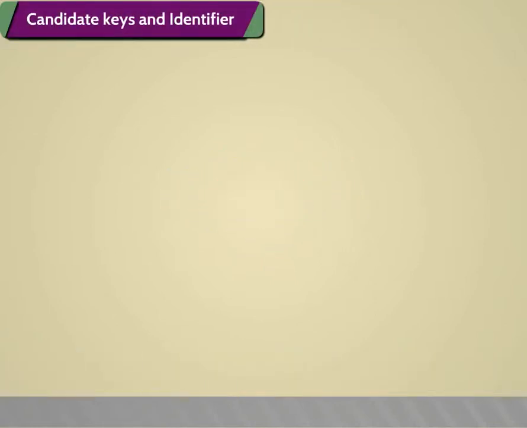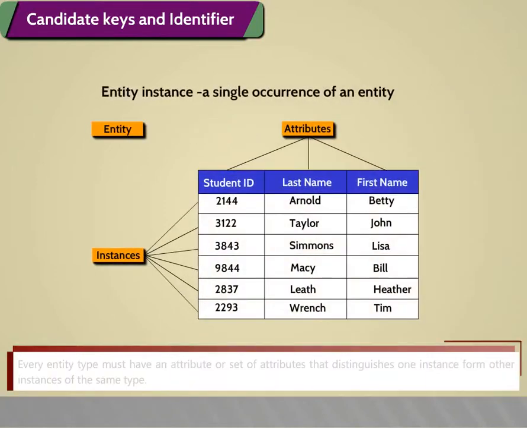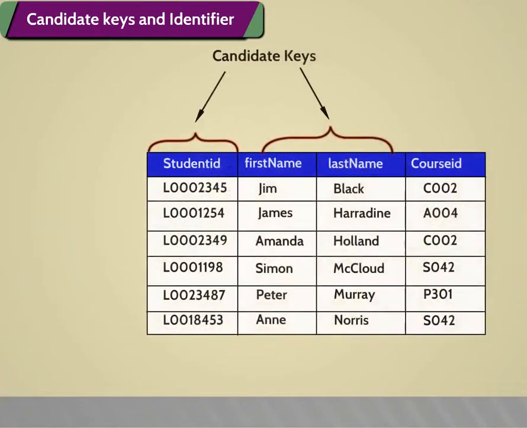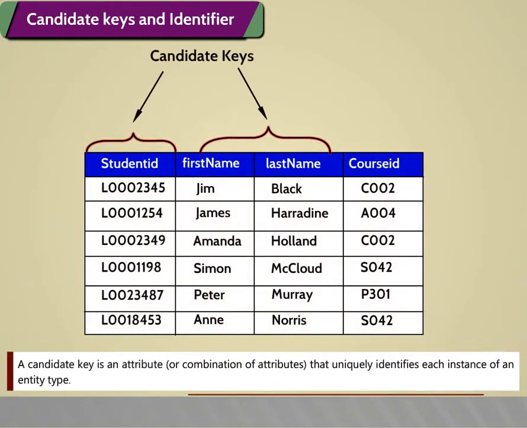Candidate keys and identifier. Every entity type must have an attribute or set of attributes that distinguishes one instance from other instances of the same type. A candidate key is an attribute or combination of attributes that uniquely identifies each instance of an entity type.